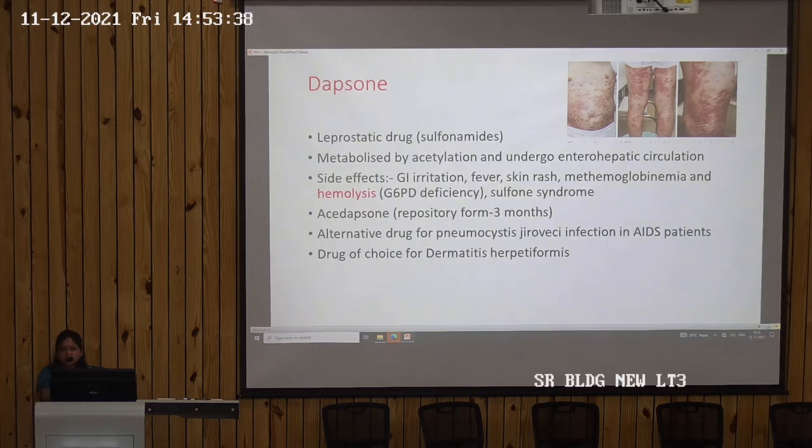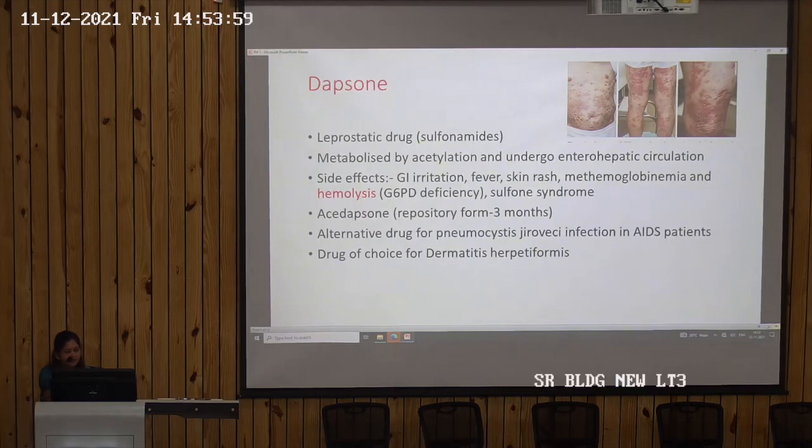What is sulfone syndrome? As you can see in the picture, it is a hypersensitivity reaction to Dapsone. Acedapsone is the repository form which can be given once in 3 months.